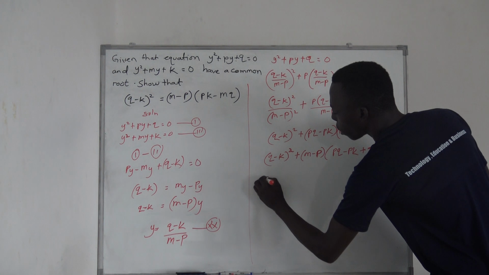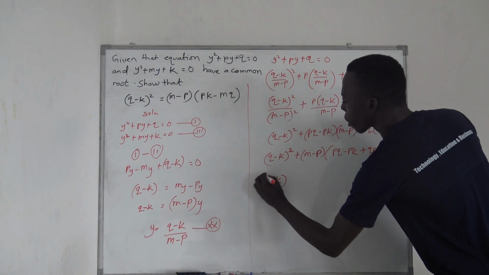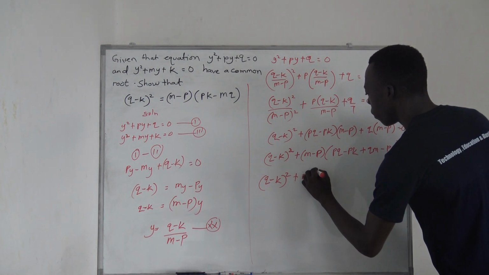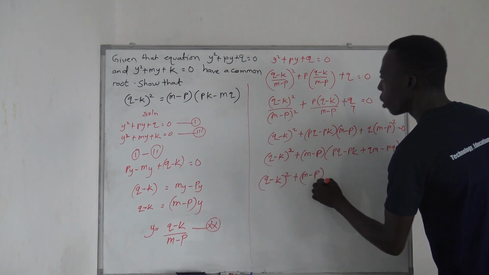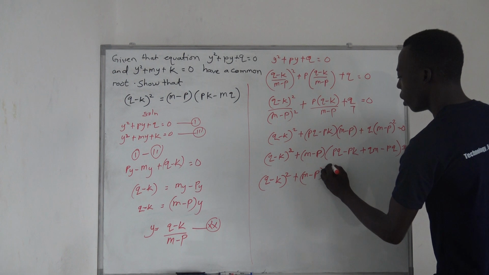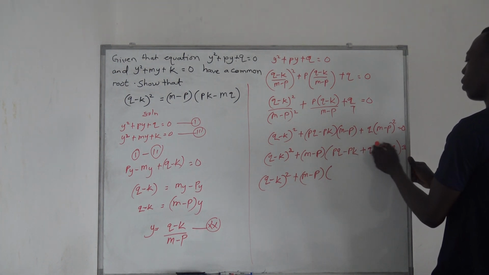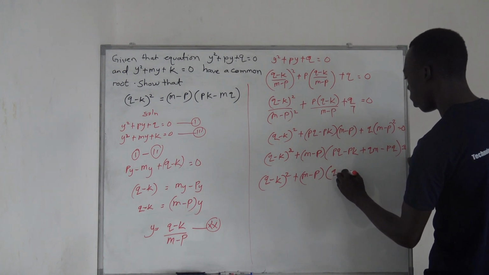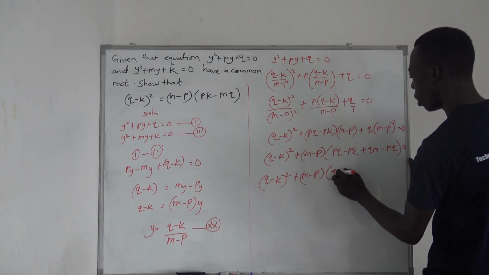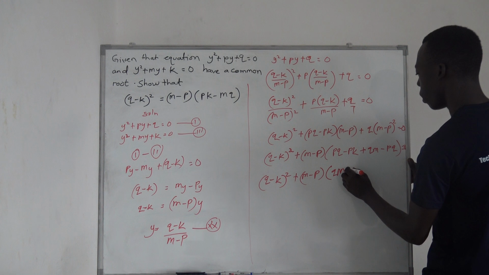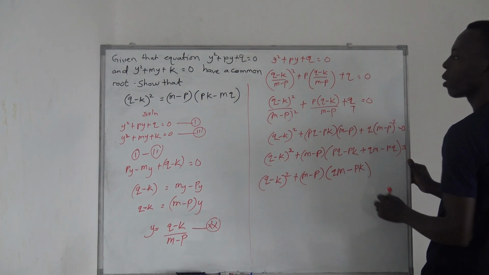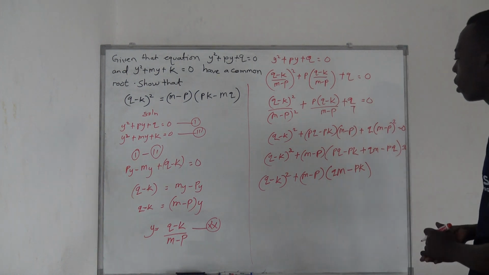So here we shall have that q minus k, the whole thing squared, plus m minus p. This one now times this one we say is going away. So we shall remain with qm minus pk.